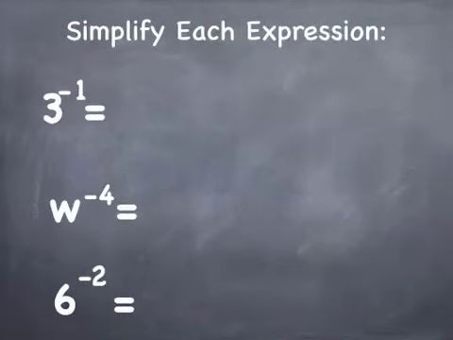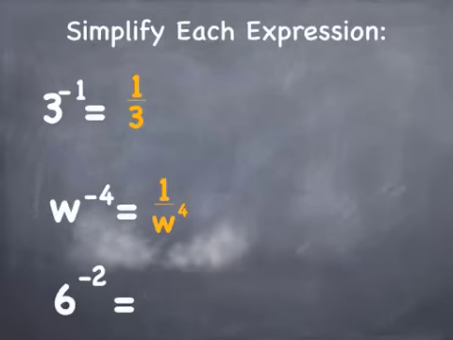This asks us to simplify each expression. If you look at 3 to the negative first power, I can rewrite that as 1 over 3, and remember, there would be an understood exponent of 1 on the 3. It's not necessary to write it in, though. W to the negative fourth can be rewritten as 1 over W to the positive fourth.